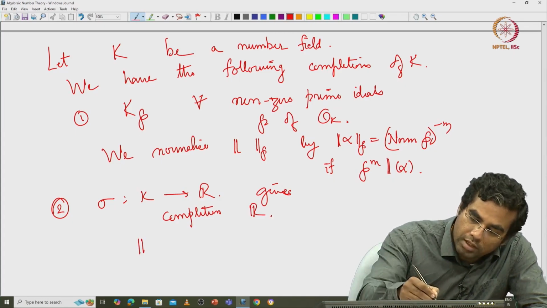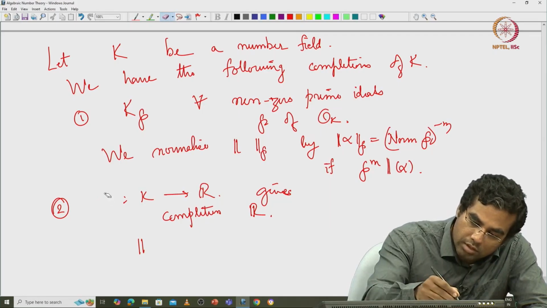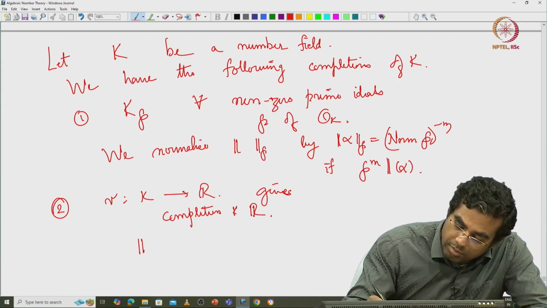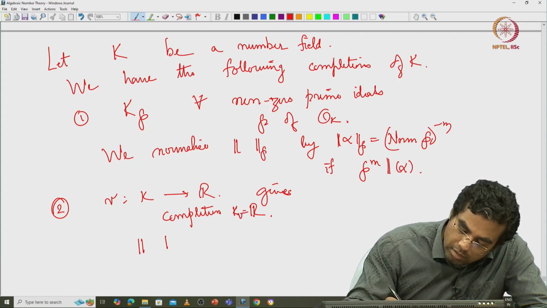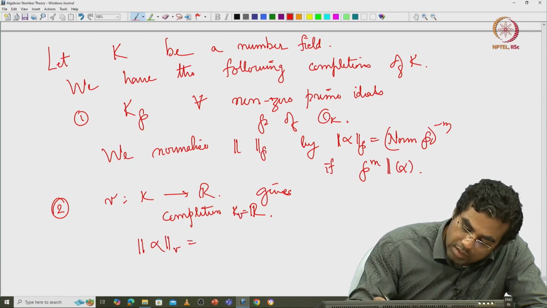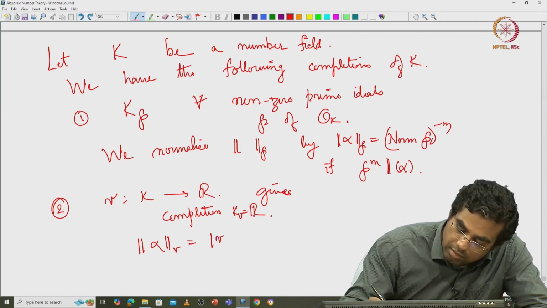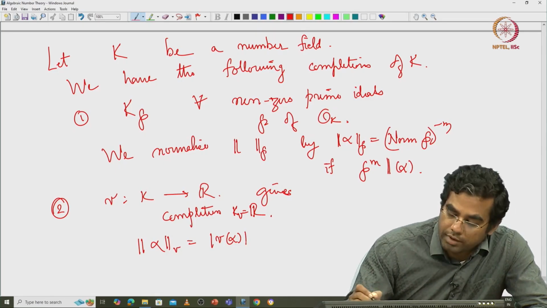It is usually customary to denote these places as V. So, let me say alpha sub V. This is you take the embedding V of alpha and you take the mod of that, right.